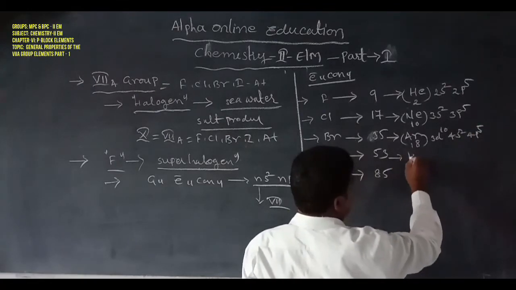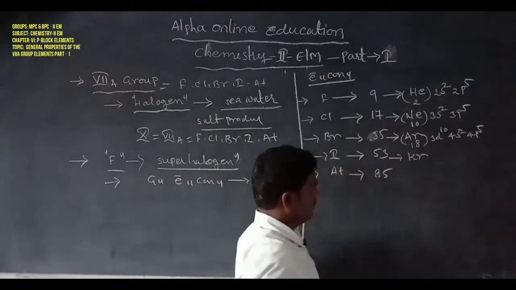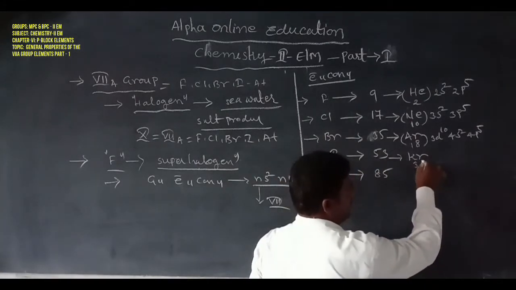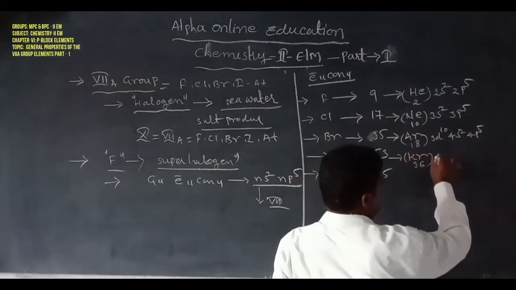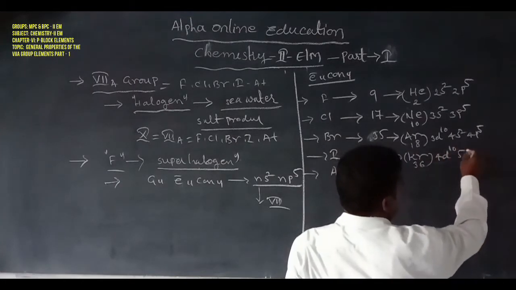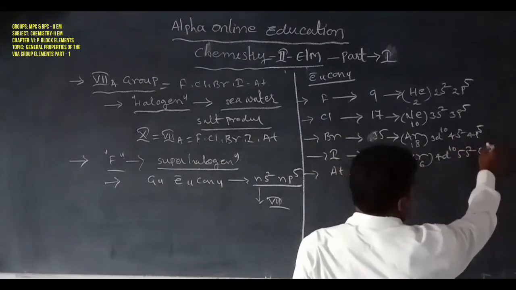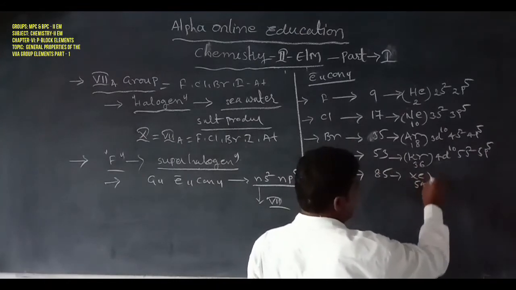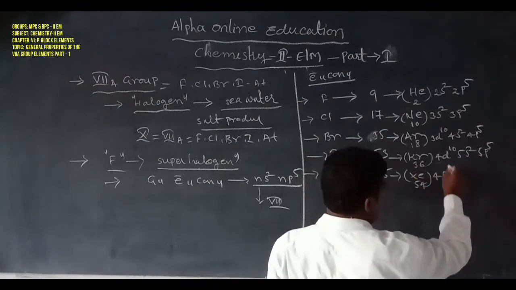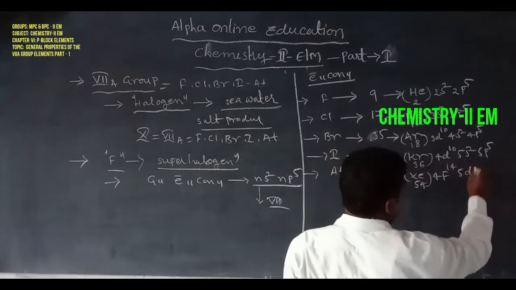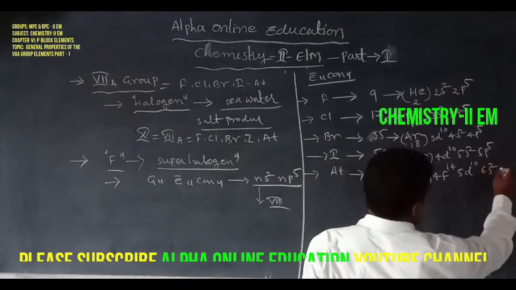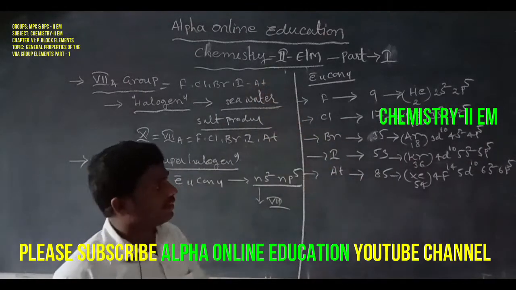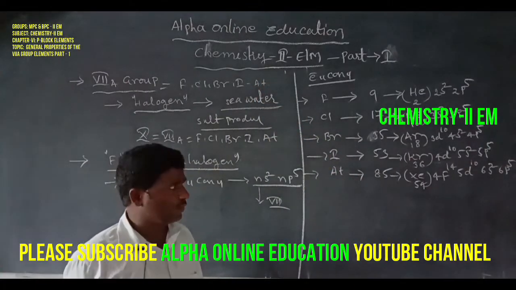Next, iodine, atomic number 53: krypton, atomic number 36, 4d10 5s2 5p5. Next, astatine: xenon, atomic number 54, 4f14 5d10 6s2 6p5. That is the electron configuration of the 7th A group elements.